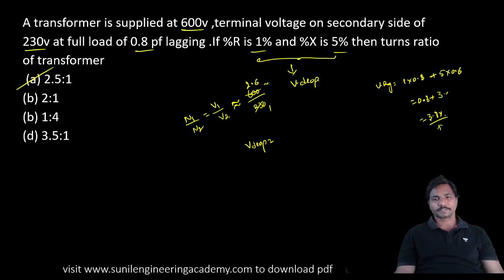So 576 or 577 like that. Then it becomes a little bit less than 2.6, so we will get approximately 2.5. Like that you can calculate. If the options are very near, like 2.5 to 1, 2.45 to 1, then only you need to calculate the voltage regulation and drop. Drop is approximately 4%, 4 sixes are 24. Okay, like that you can calculate.